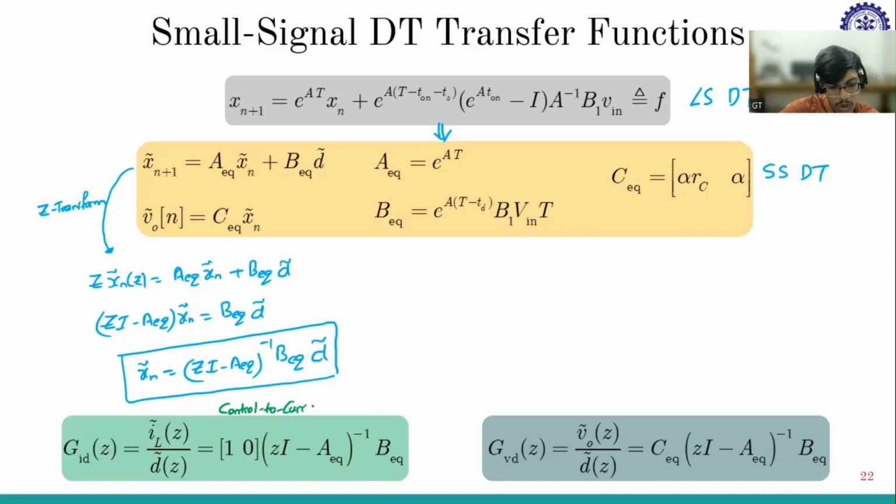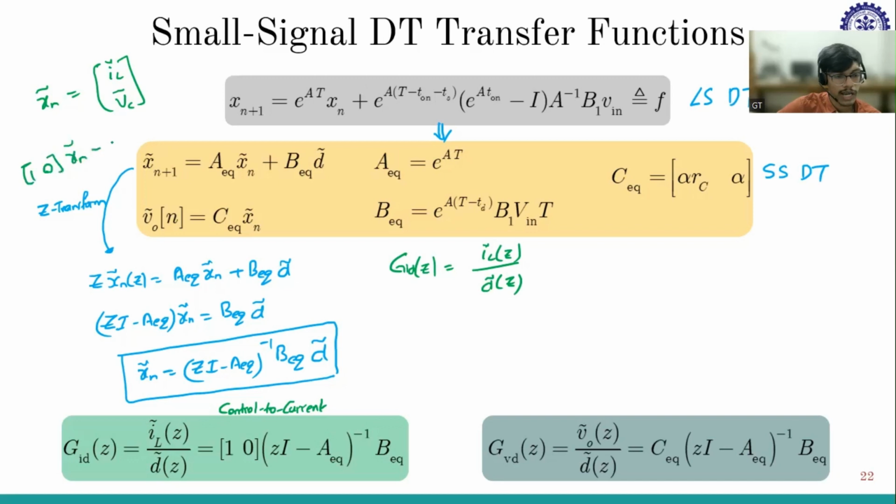So I know control to current transfer function GID of Z is nothing but IL perturb of Z by D perturb of Z. And I also know that XN perturb has two things: one is IL perturb and the other one is VC perturb. So for this, I need IL perturb. Say if I multiply by [1 0] with XN perturb, so what will I get? I'll get IL perturb, right? So I will substitute this.